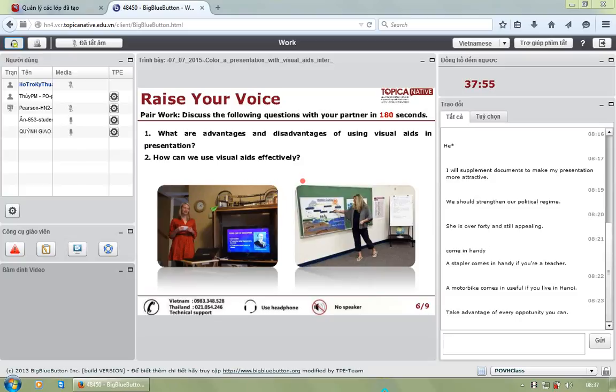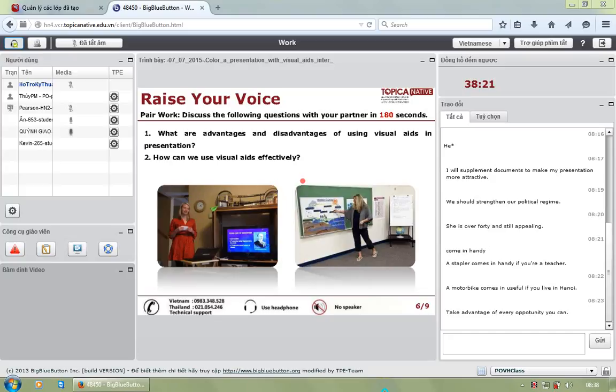Yes, I do agree with you, but I think we should use it appropriately. Of course, children like images and color on the slide, but too many images and too much color on the slide is not good. It's distracting.